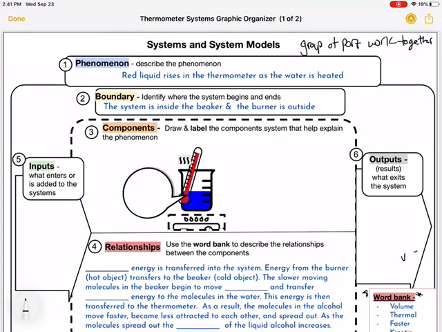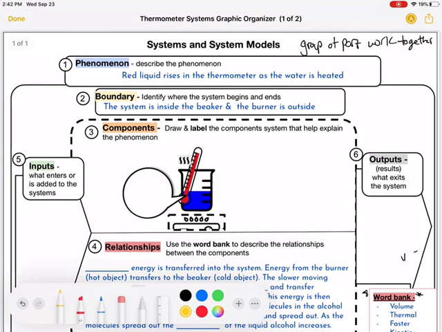So the concept we're focusing on is the phenomenon of why the red liquid rises in the thermometer as the water's heated. That's what we're going to show or model in this system model. And the boundary is where the system begins or ends.